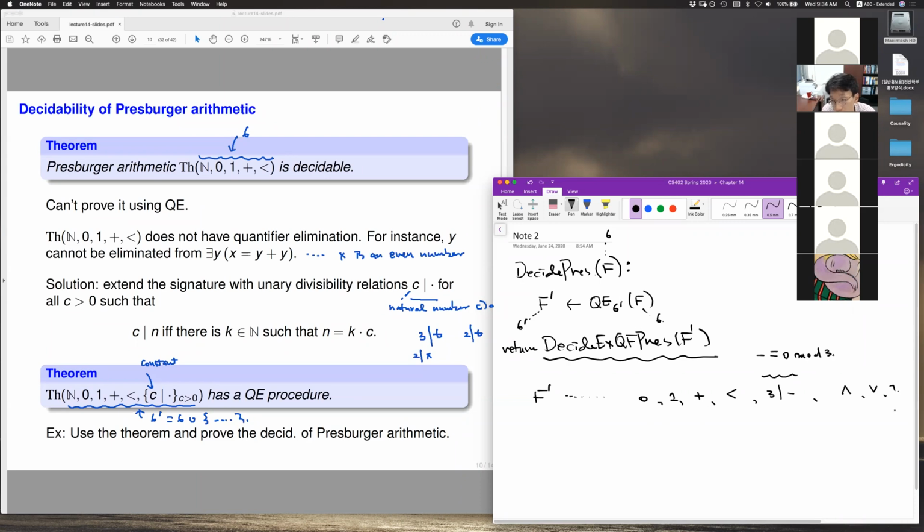But this is the kind of thing that you typically see in a typical programming language. And this is because it's quantifier free, and F prime is also a sentence. It doesn't have any free variable at all. So we can just do the evaluation and see whether it's true or not.